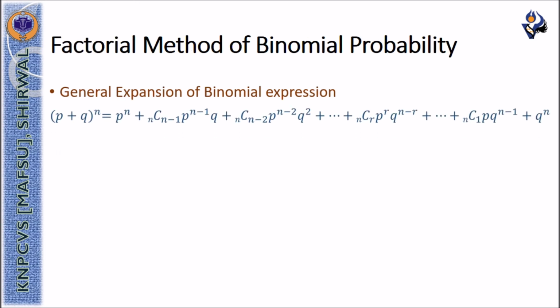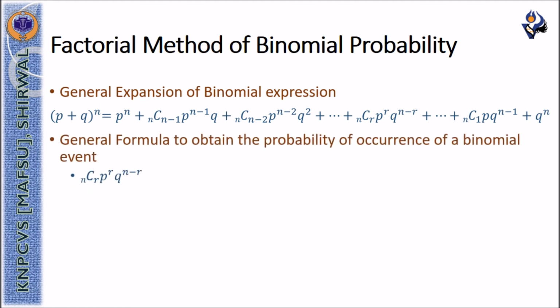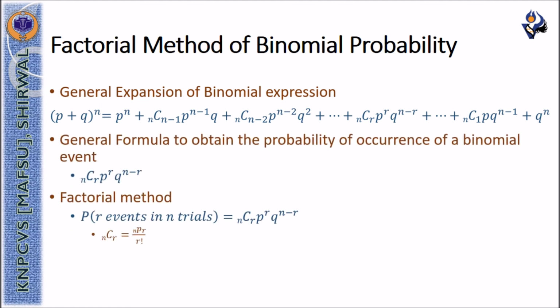This is the general expansion of the binomial expression, where the general formula to obtain the probability of r events in n number of trials is nCr into p raised to r into q raised to n minus r.